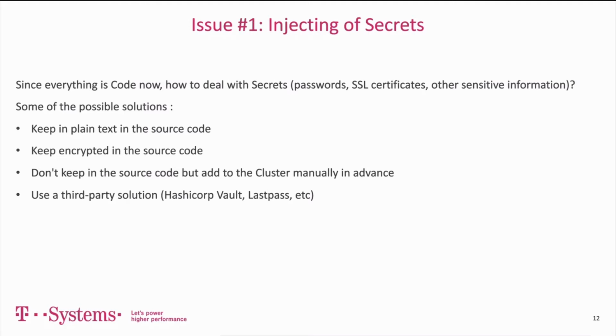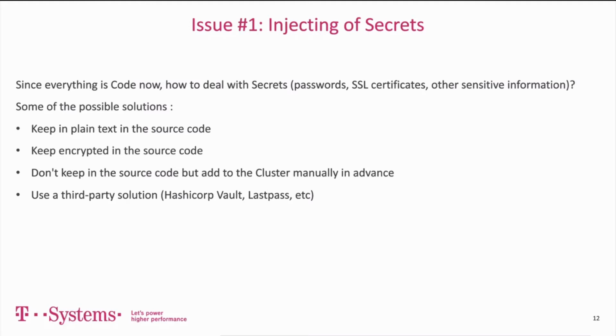And the fourth approach is to use a third-party dedicated solution, such as HashiCorp Vault, LastPass, maybe 1Password as well. These solutions are designed in a way that people can create secrets in this software, and your GitOps tool, for example, has only read access there.